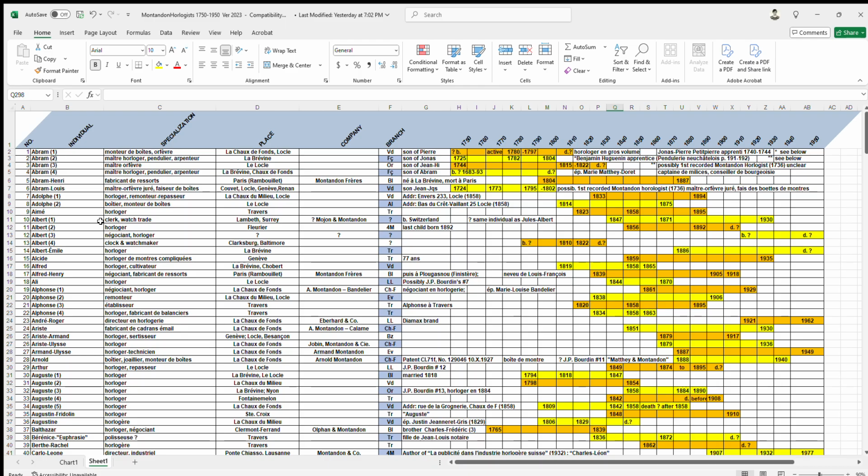But these dates have been checked with a series of different sources with the help of genealogical, press, and historical information. Basically, all available sources have been applied. And one great source for this list is Le Montandon, a genealogical treatise by Frederick J. Montandon, that's Frederick Jules Montandon.